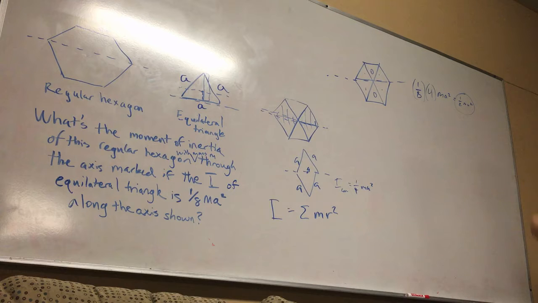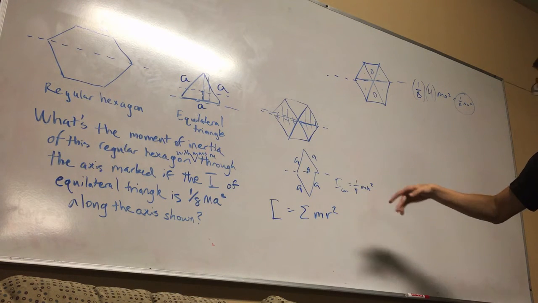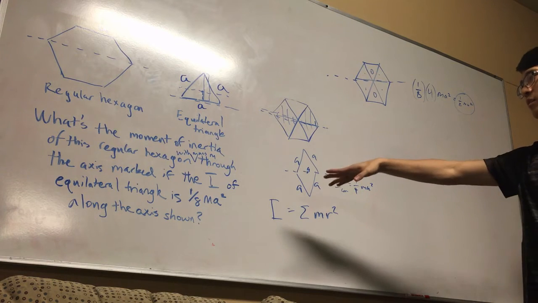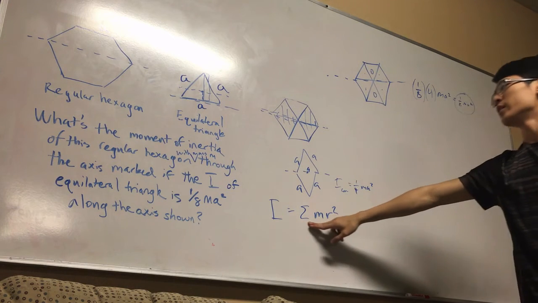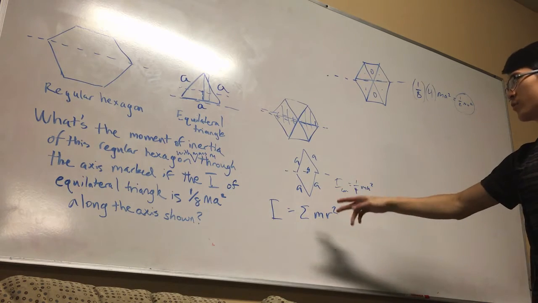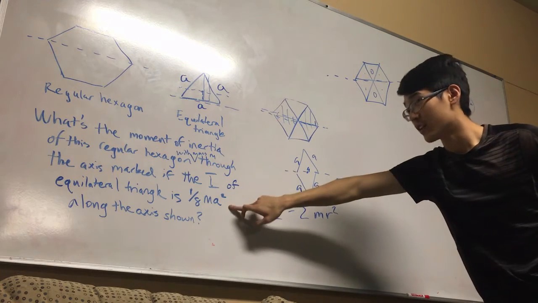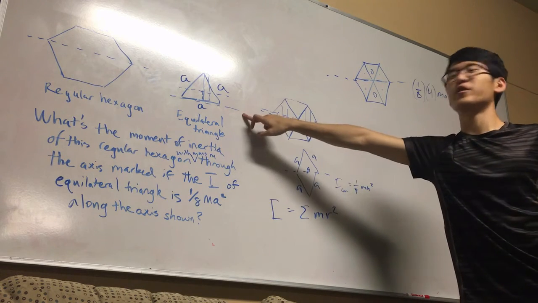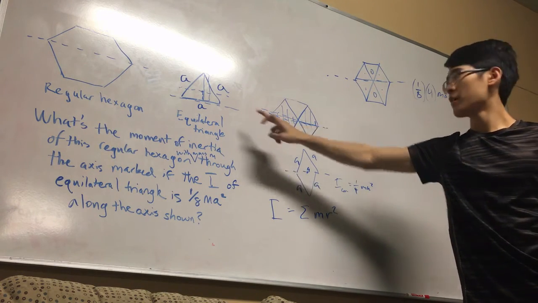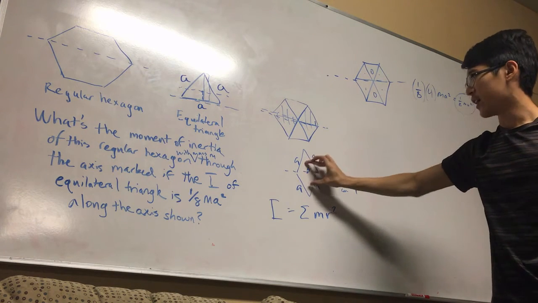We kind of covered this before you came here, so that's probably why. But basically, the thing about moment of inertia is you're summing up all the mr squared of all of the objects. If you know that this is the moment of inertia through this axis, and there are 4 of them, then let's first only consider this case.